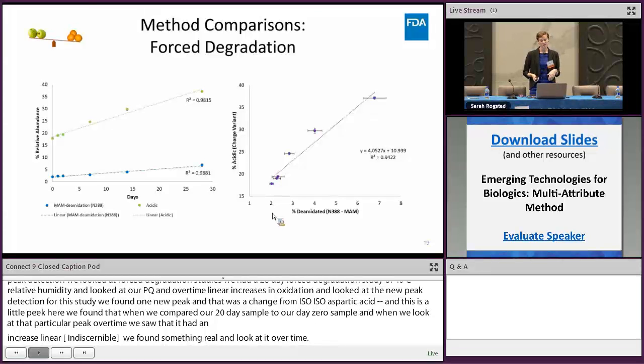If we do a correlation, we see that it's pretty good, but it's not perfect. So what we'd want to do here is kind of go back and characterize our acidic peak and see what else is in there, and if we can find other MAM attributes that we can look at through MAM and see if those make it a little more linear. But you're not necessarily always going to be able to do that.